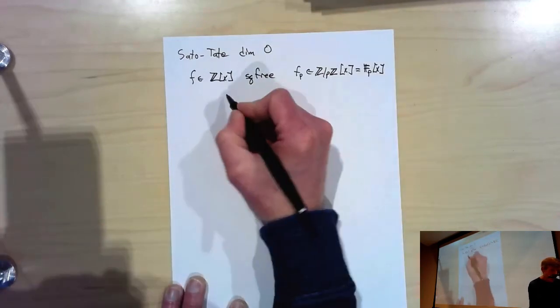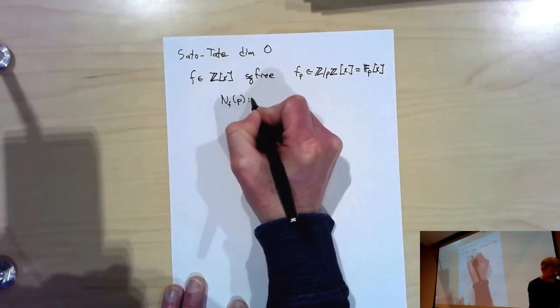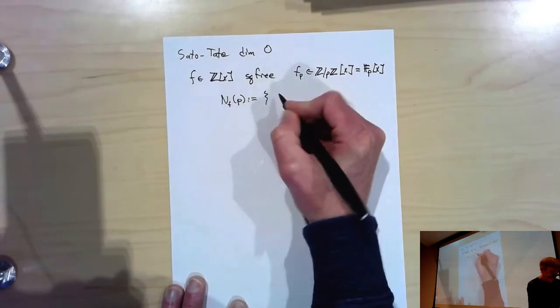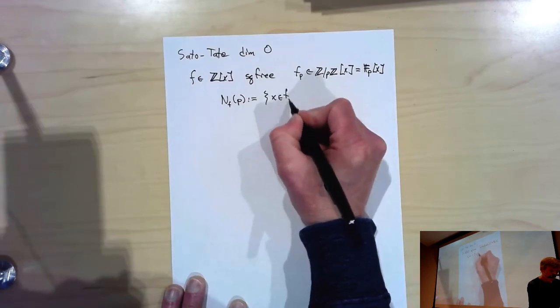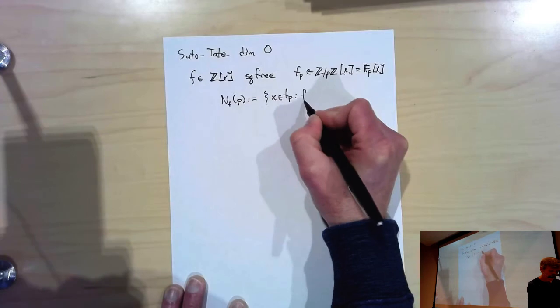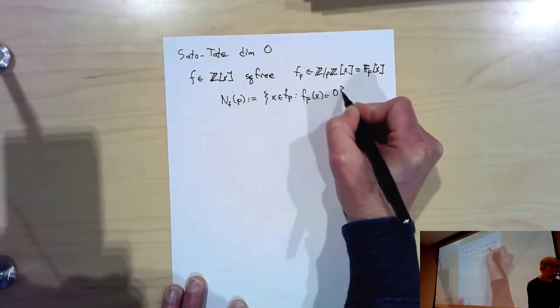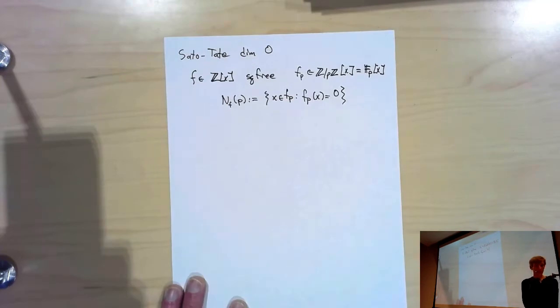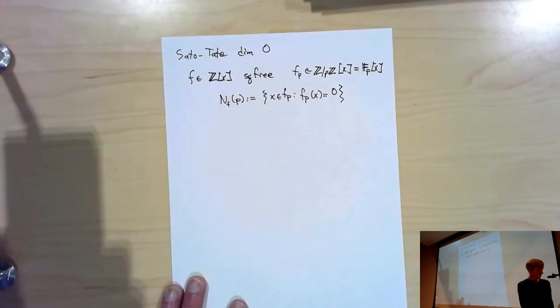And we're going to be interested in the quantity n_f(p), which we'll define as the number of roots that our reduced polynomial has modulo p. Or you could think of this as a variety of dimension 0, and we're just counting the F_p points on the local fiber.